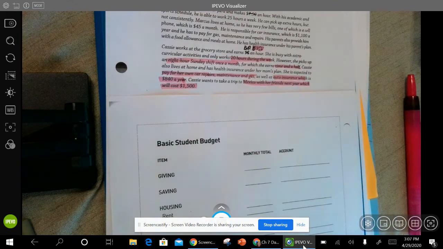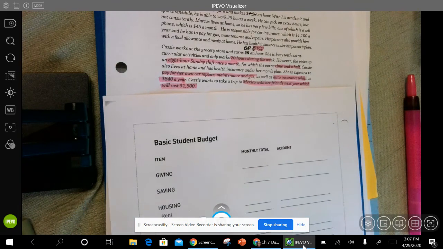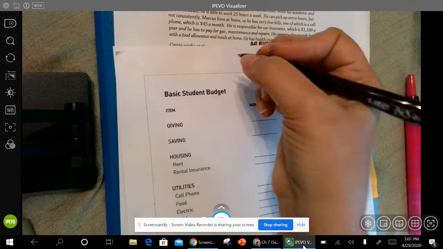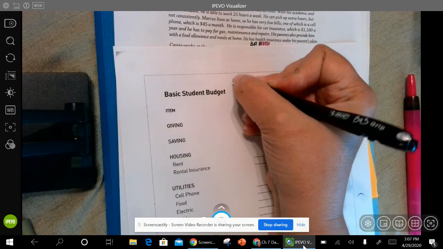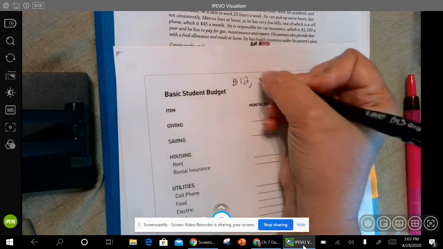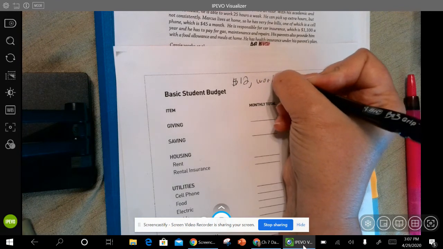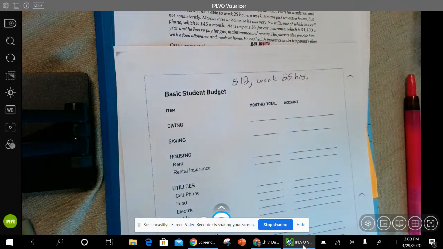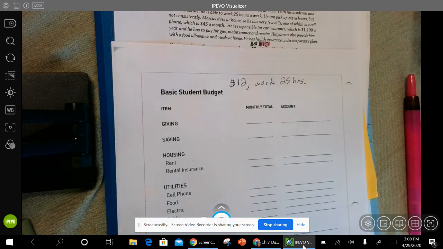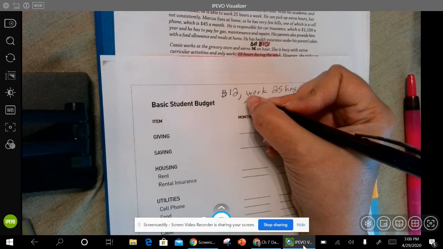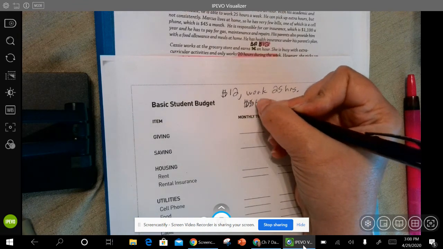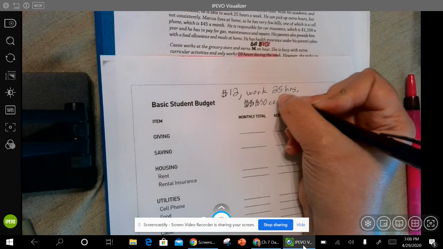Okay, this is one of those examples, everybody, but I'm actually going to do it slightly differently. Let's say that they're making $12 an hour. They work about 25 hours a week. And they have to pay $50 for their cell phone.